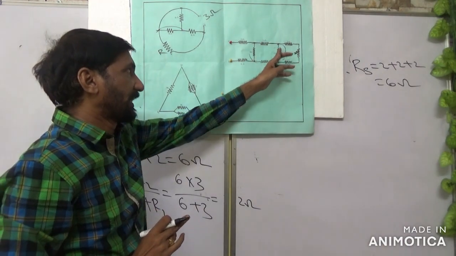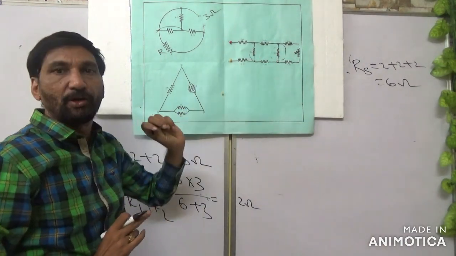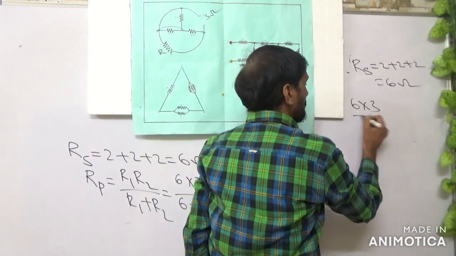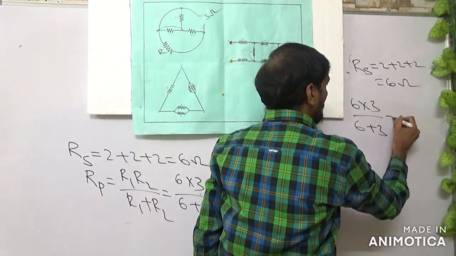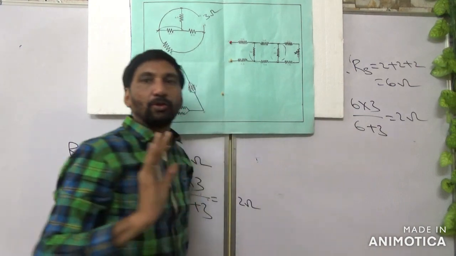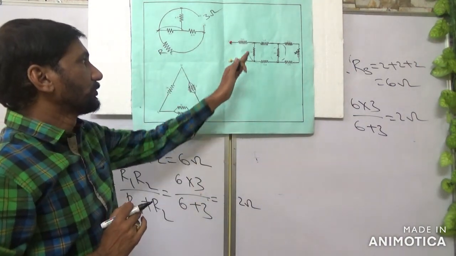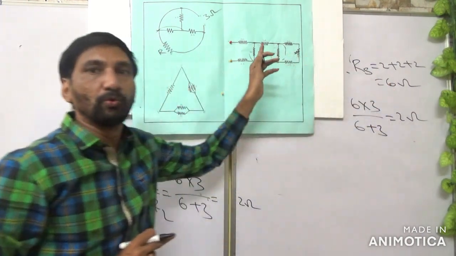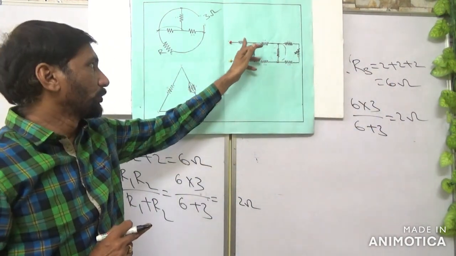So this total is again 6. Next to it is parallel, like the previous one, 6 into 3 by 6 plus 3. So again you get 2 ohm. So in this case the 3 is again taken out and we take 2 ohm. So 2, 2, 2.